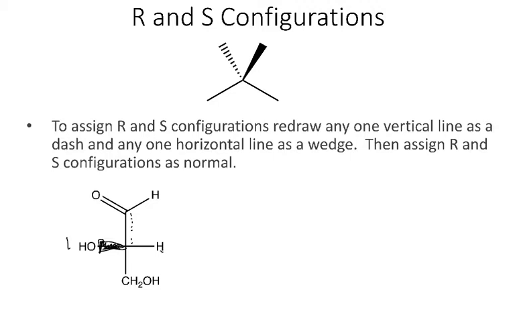I've got a hydrogen and 2 carbons, so the carbon with 2 bonds to oxygen gets priority 2, 3, and 4. When I look at my 1, 2, and 3, they're going clockwise. But because the hydrogen is not back, I'd have to switch these two. So right now it looks clockwise, but I have to swap because the hydrogen is not back. It's actually going to be S.